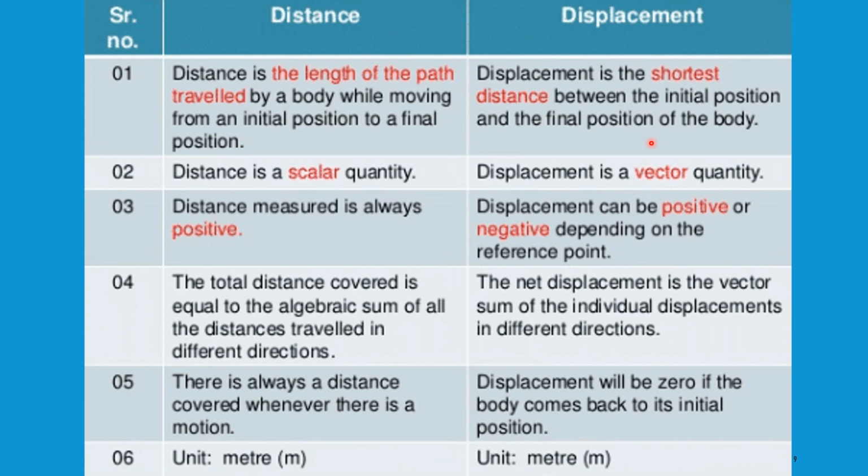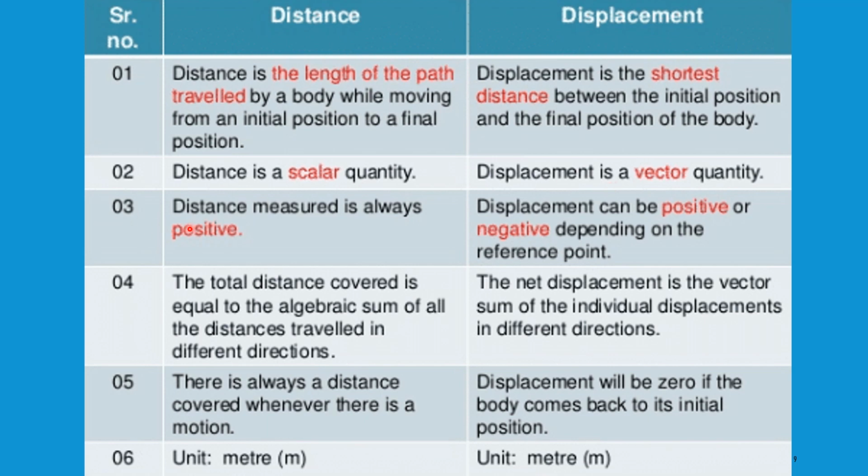That is the first difference. Second one, distance is a scalar quantity, because distance shows only magnitude. How much distance we covered it will show, it will not show direction. But displacement is a vector quantity, because it shows magnitude and also indicates the direction. Therefore, displacement is a vector quantity.